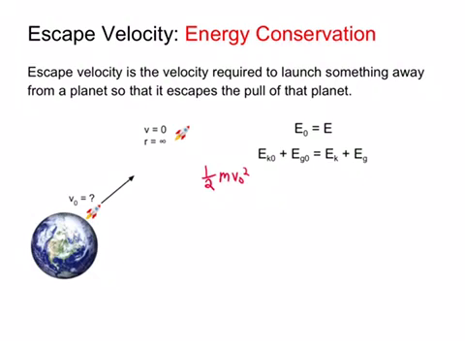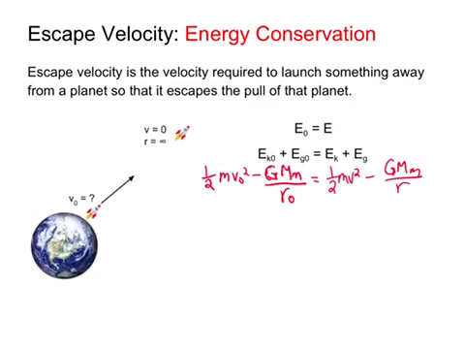And an expression for the gravitationally stored potential energy in the system, which we will write with our new big G, big M, little m, divided by our initial r. And that's equal to 1/2 m v final squared minus G M little m over the final distance.